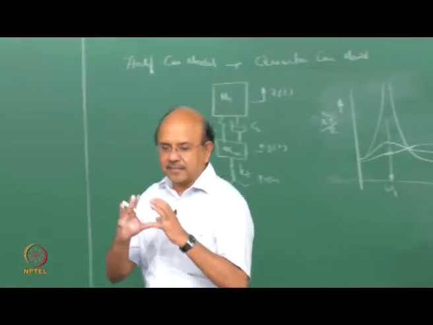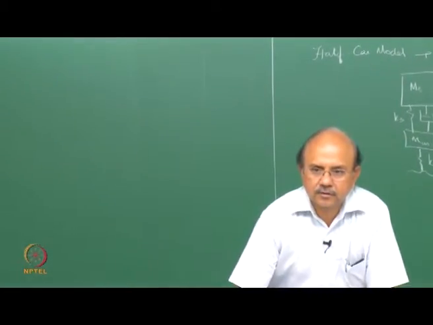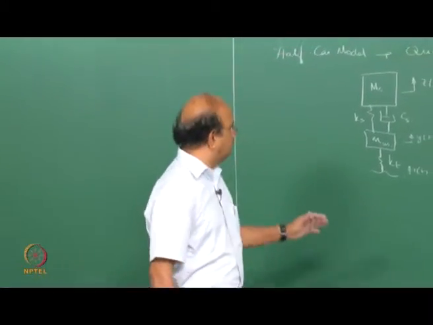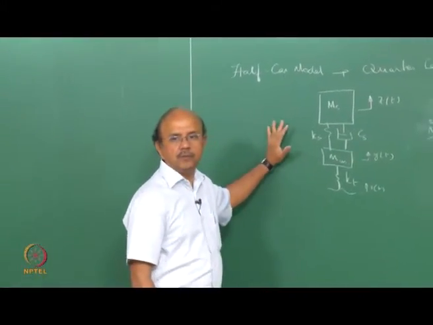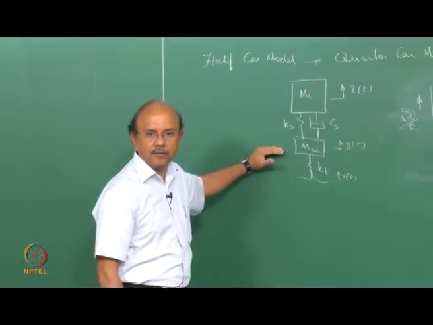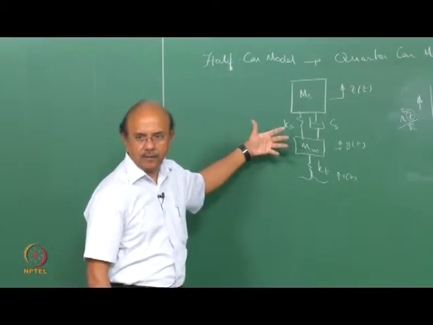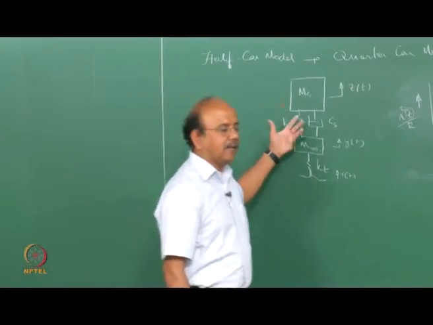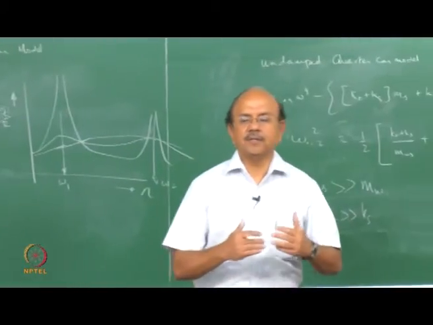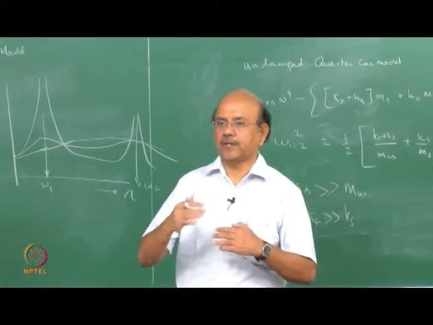Now let's get some facts clearly. So there are now two natural frequencies. One, I would say, corresponding to the body, and the other corresponding to that of the unsprung mass. Not that they actually participate, but if you look at the ratios, it is the ratio of excitation.